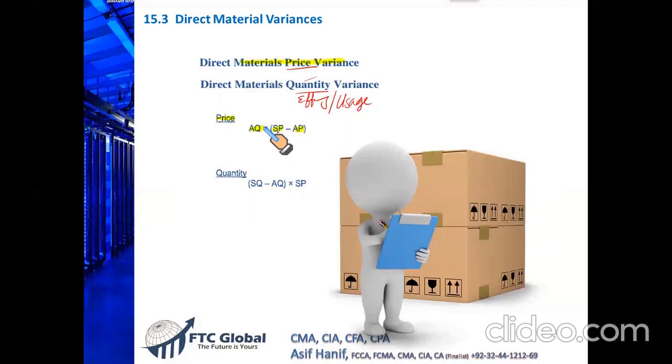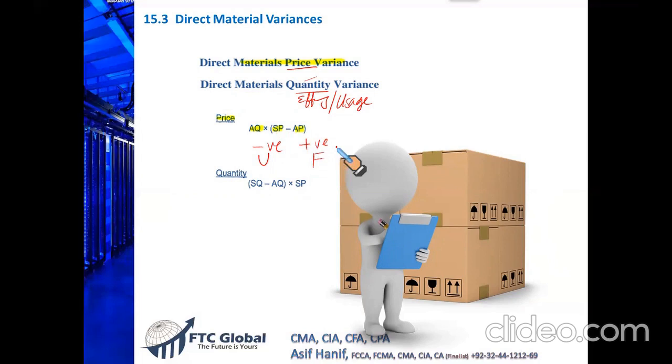If the result of this formula is negative, that means it's an adverse variance, unfavorable, because your actual price is more, standard price is less, so the price is more than the standard. But if the result is positive, that means the standard price is more, actual price is less, so the price you got was less than the standard, so this will be favorable.